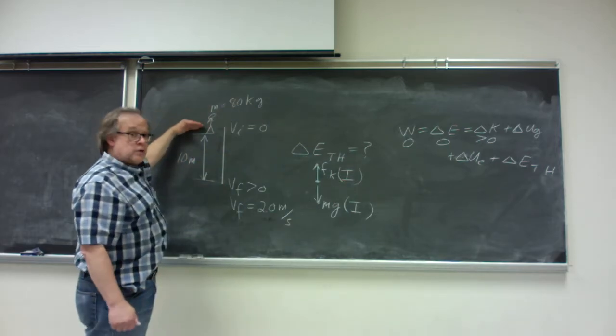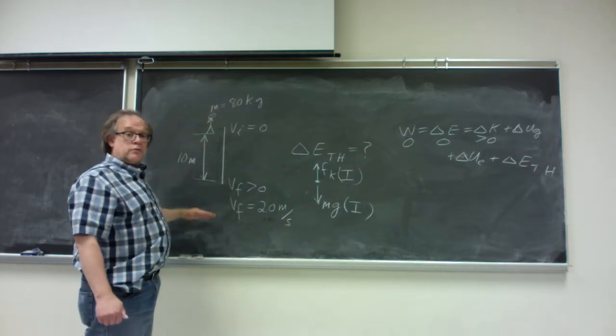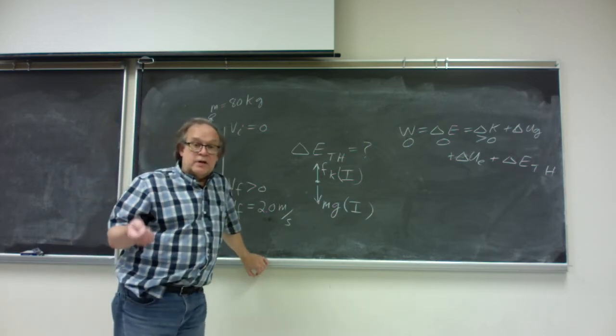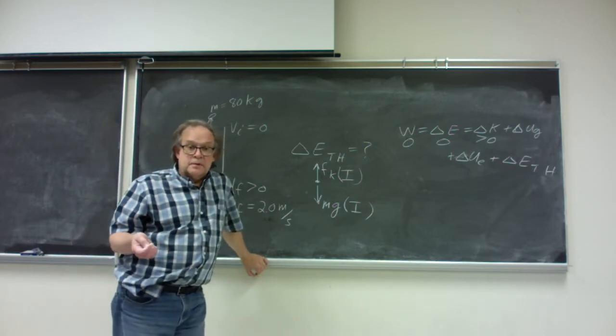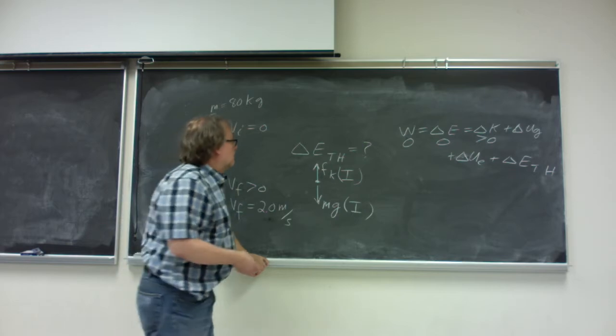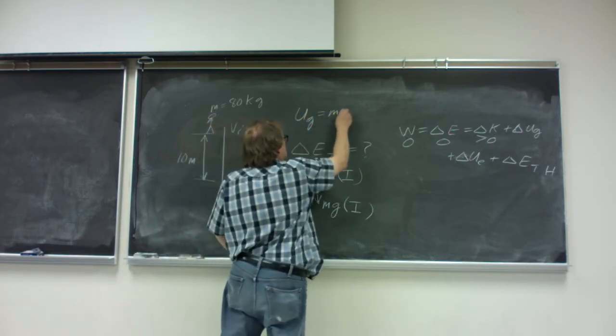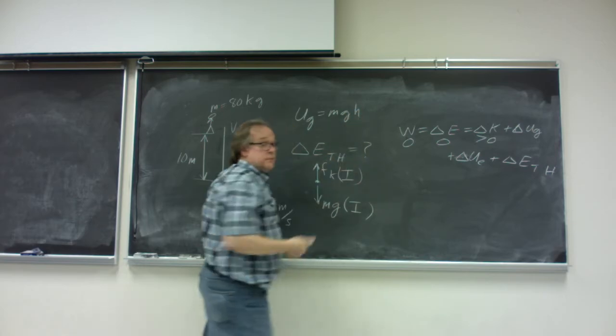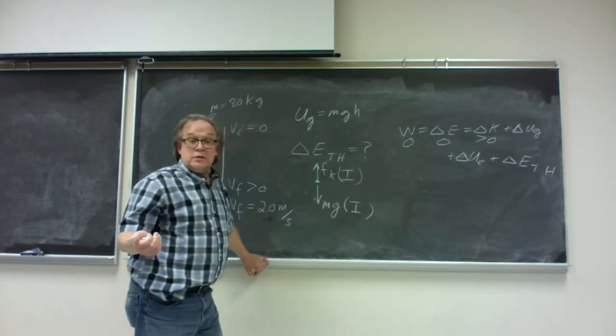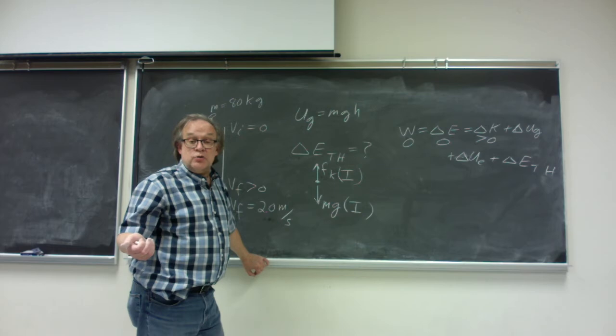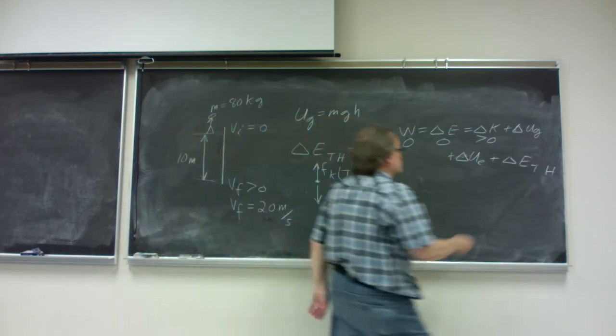And the firefighter went from a higher to a lower elevation. The elevation decreased. And remember our equation for gravitational potential energy, mg times elevation. So if elevation decreases, gravitational potential energy decreases. Negative change.